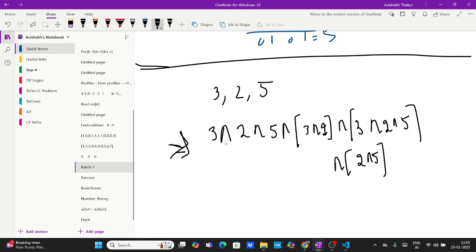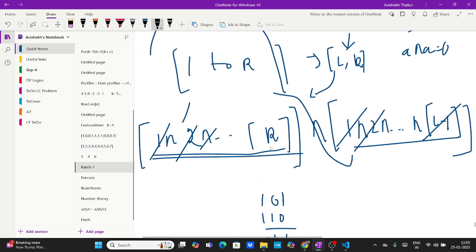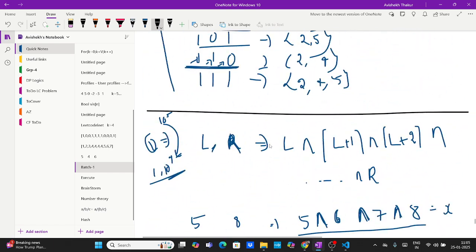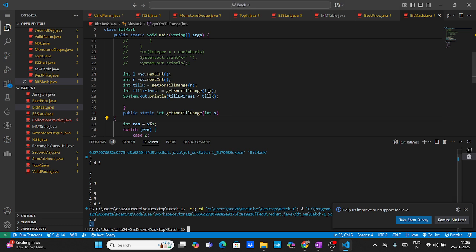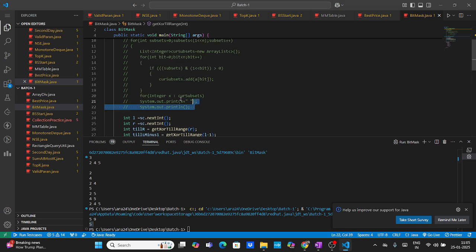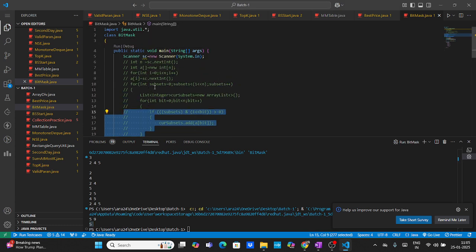That's the first problem we have done, right? Guys, you're confused between subsequences and subarrays.